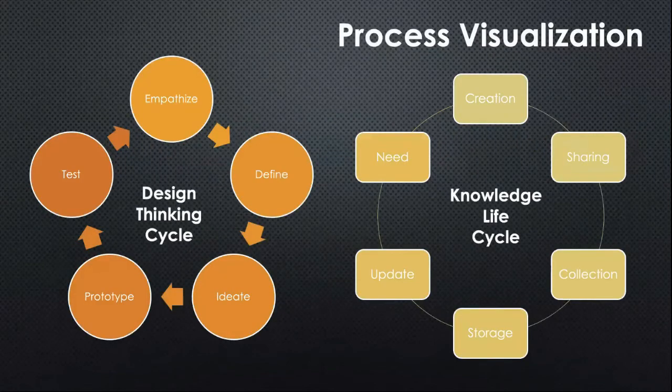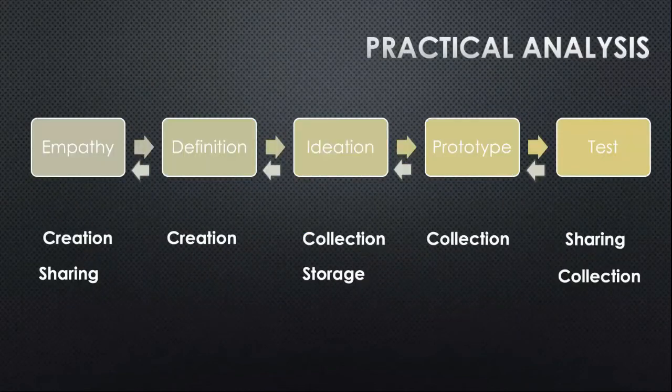One thing I want us to see is, as I mentioned, that it is iterative. So the empathy informs the definition, but that definition can go back and have us take a second look at the end user, and then the definition influences the ideation. Those of you who've been working in design thinking fully understand this process. This is where you see those arrows, that is exactly that iterative process, the back and forth.